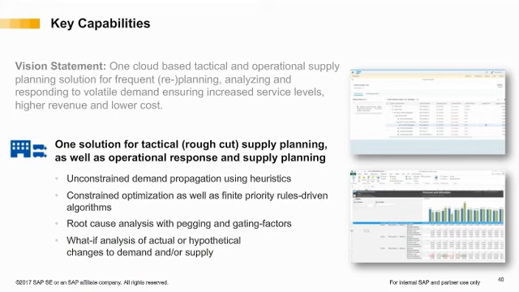With response and supply, we introduce the final part of the Integrated Business Planning Suite. It combines tactical and operational supply planning for highly volatile demands with simulation and analytical capabilities. The key goal is to improve service levels and lower overall costs within the supply chain.